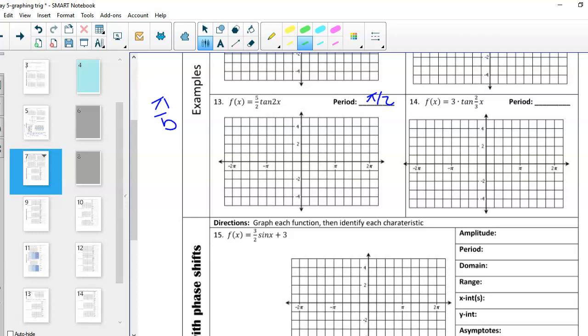But if our period is pi over 2, that means the entire function of tangent needs to fit between 0 and pi over 2, and then repeat itself again every pi over 2. So our asymptotes are going to be at every multiple of pi over 2, not just pi over 2, 3 pi over 2, things like that, the odd ones, I guess.